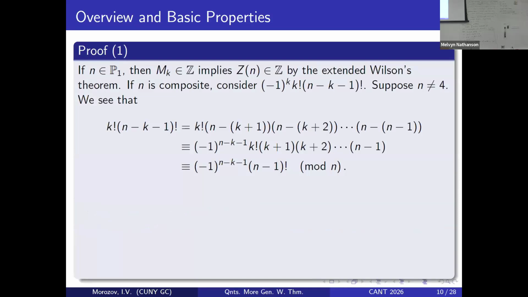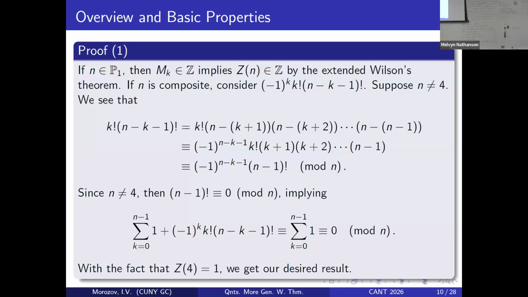So if n is not composite, then we're just taking the sums of integers, and so it's going to be an integer. That's simple. And if n is composite, then we take a look at this term, and suppose that n is not equal to 4, which we'll use in a couple steps. If we take this term, k factorial times (n-k-1) factorial, we can expand it, then reduce it modulo n, and this product is minus (n-1) factorial modulo n.